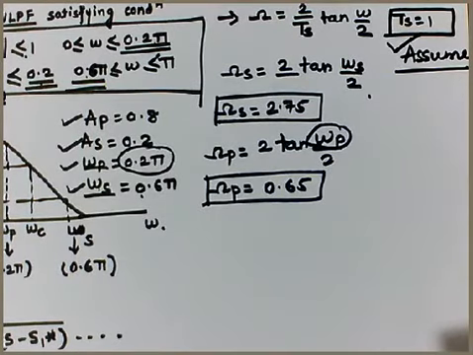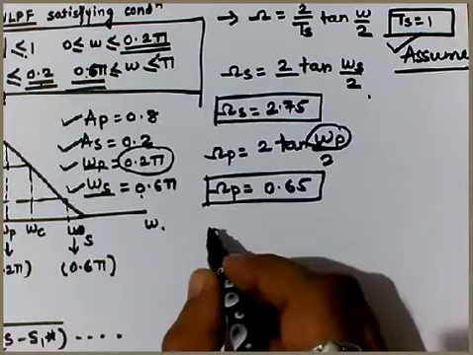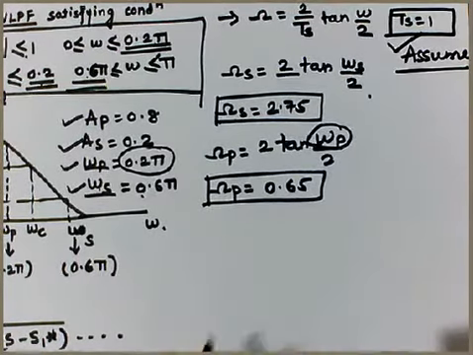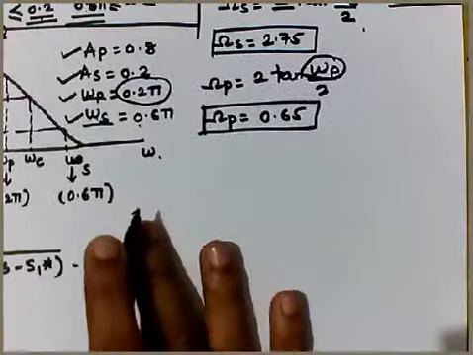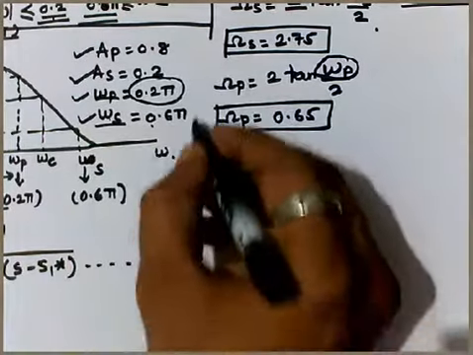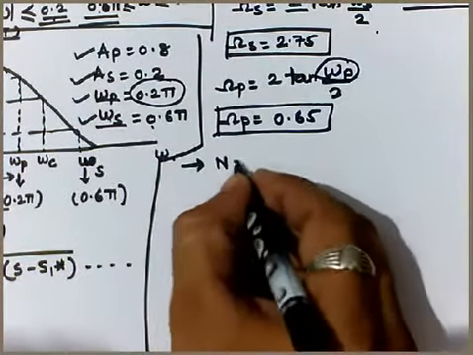Once we got Ωs and Ωp, it means almost half of the task for finding the capital N is done. So let's see what is the value for capital N, that is the order of the filter. In the next step we can calculate the order of the filter. So capital N is equal to what?